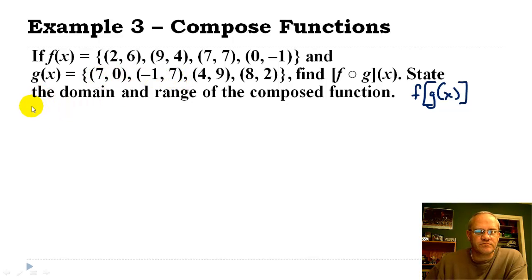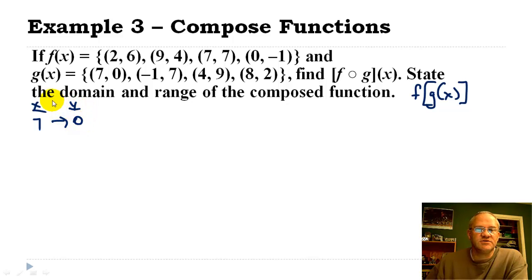First of all, in g of x, the x value is 7. How should I do this here? If the x value is 7, then in the g function, what's the y, or the g of x, which is 0, right?